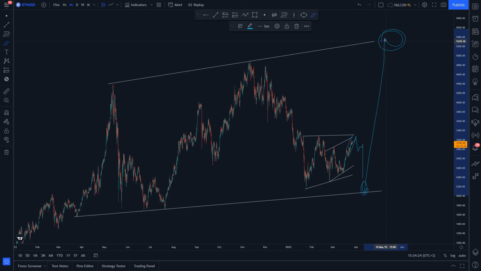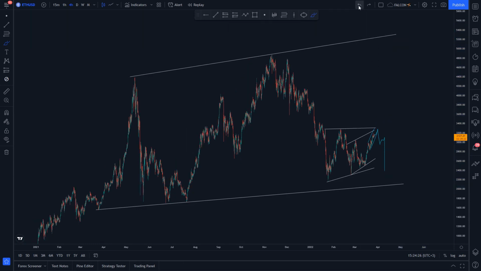Same applies with Bitcoin, because Ethereum and Bitcoin move the same. So as you can see, this whole push here has been corrective, meaning we'll see one last push to the upside. So from here we'll see which structure will form. Either it will drop to the downside or it will continue pushing higher.